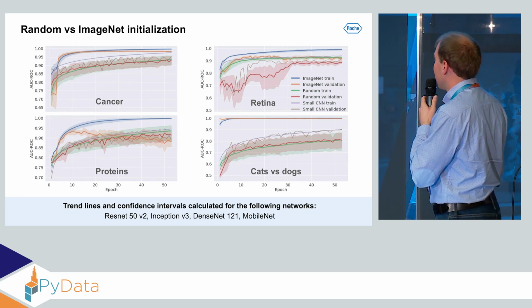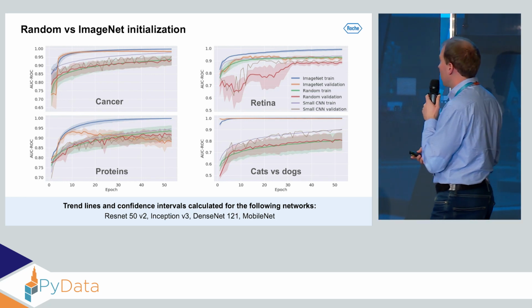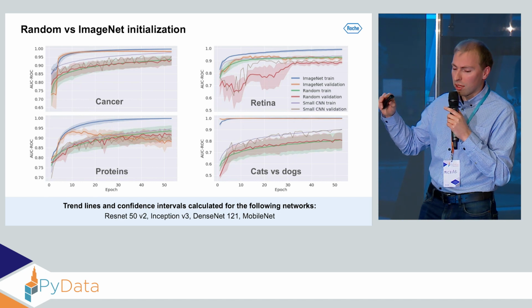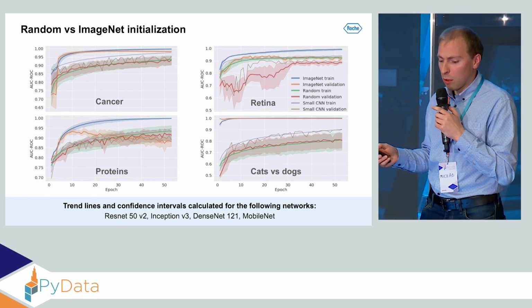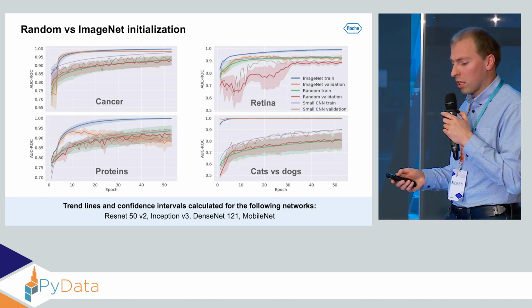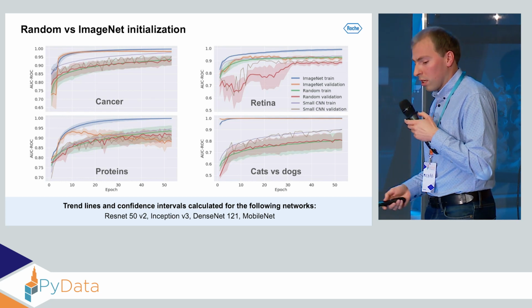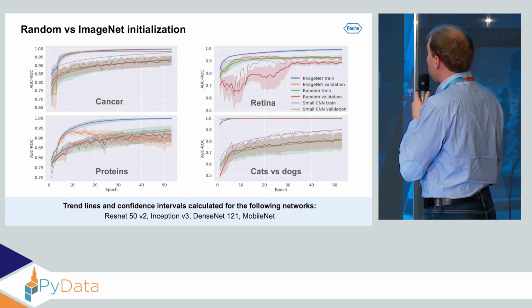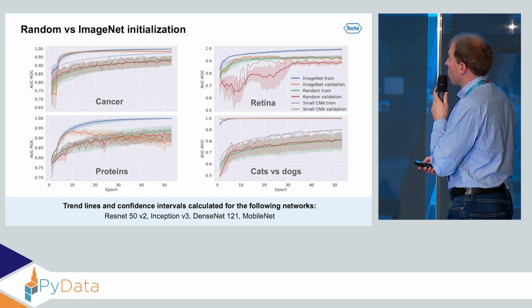we can see that the pre-trained networks tend to reach a higher level on the validation dataset than those networks that were trained from scratch. What else?